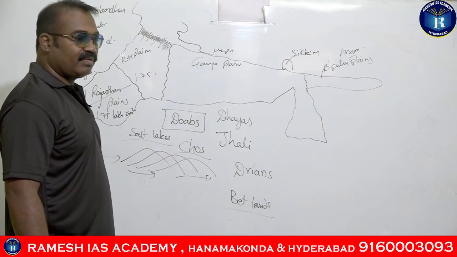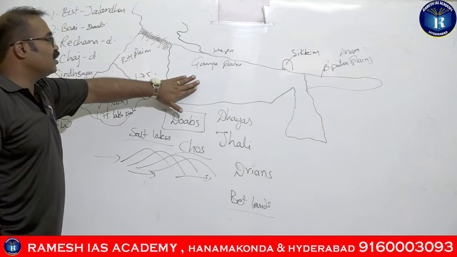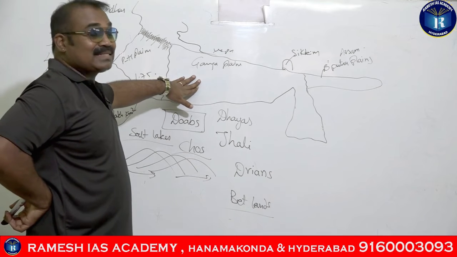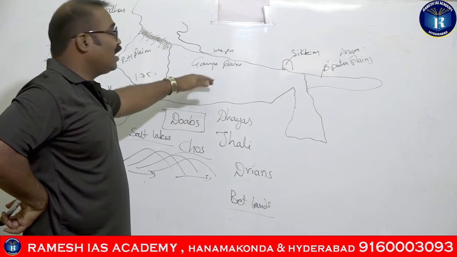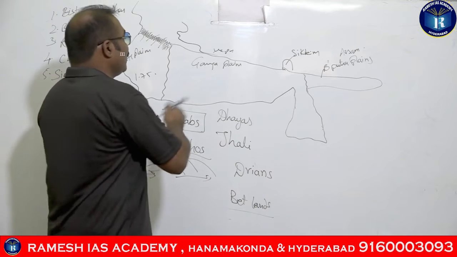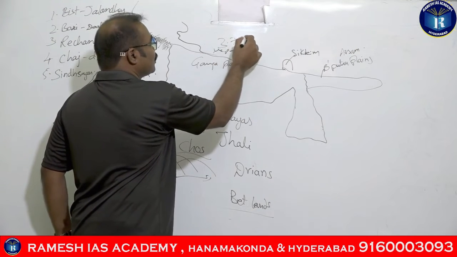Next comes the third one, the Ganga Plains. The Ganga Plains are the largest division of the Great Plains, occupying 3.75 lakh square kilometers of area.